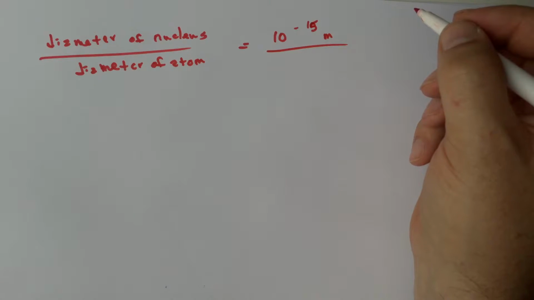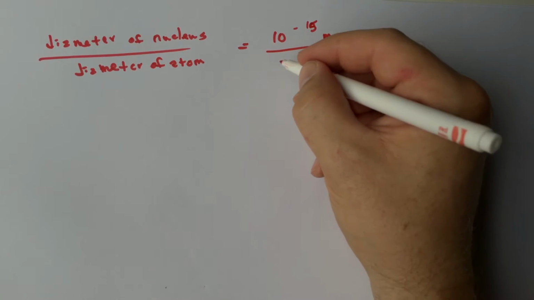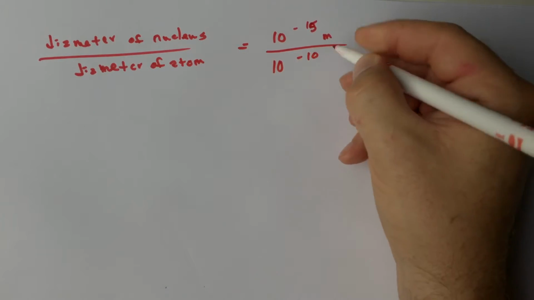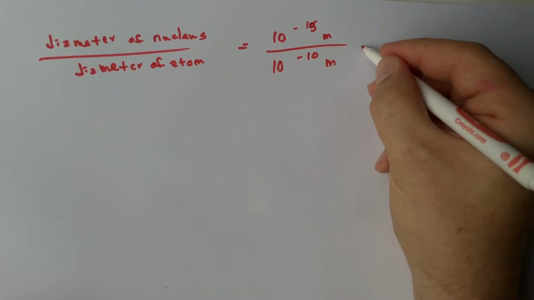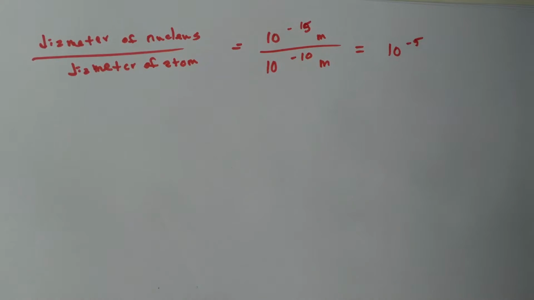And the diameter of an atom is 10 to the negative 10. And so dividing these two, we get 10 to the negative 5 as the ratio.